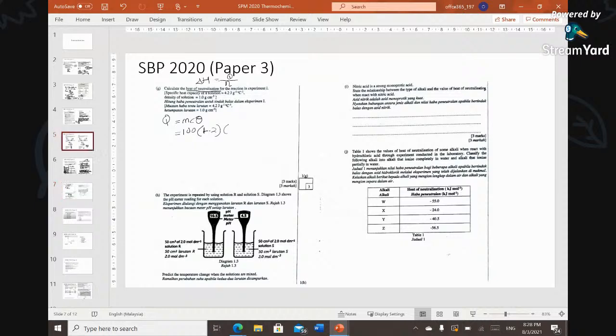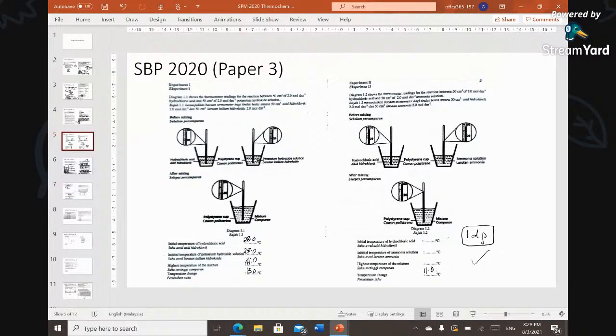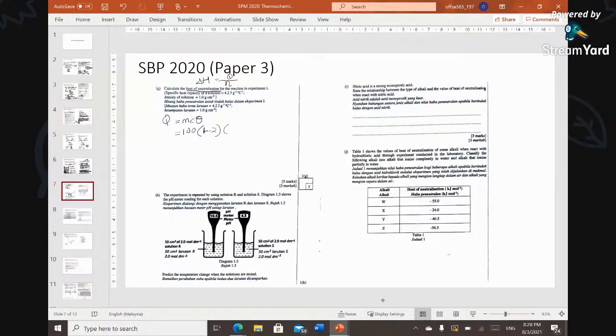So go back. It was 13 degrees Celsius. So take that information, substitute in for experiment 1, so 13, and then find out what Q is. You will get 5460. The unit is joule.